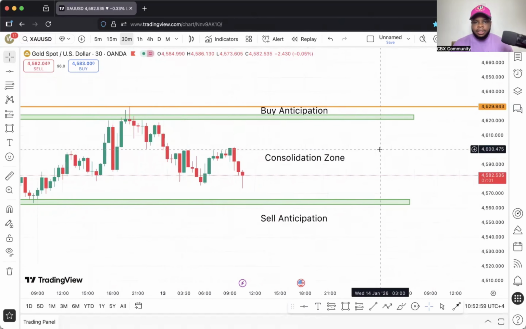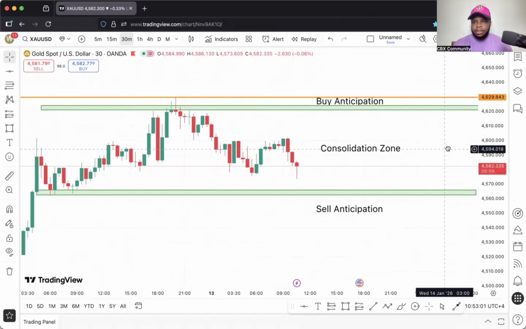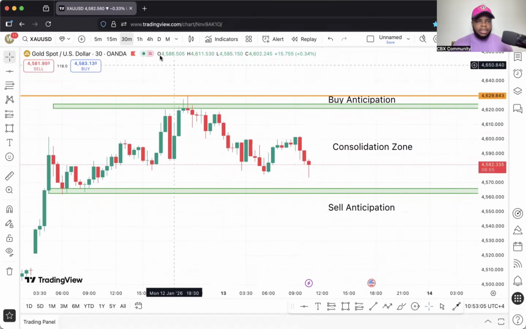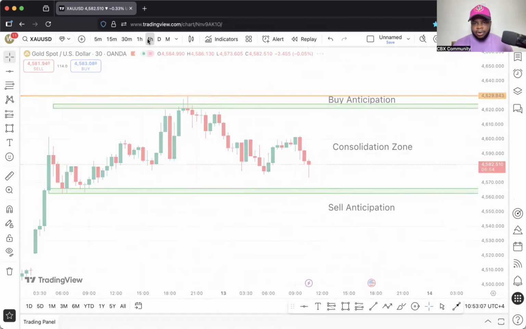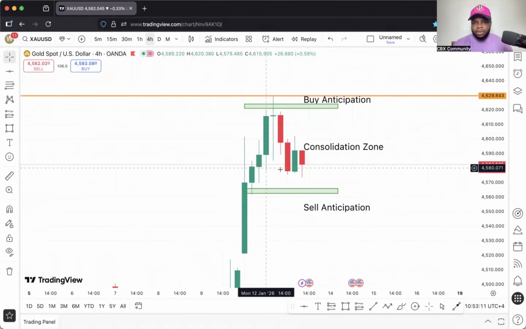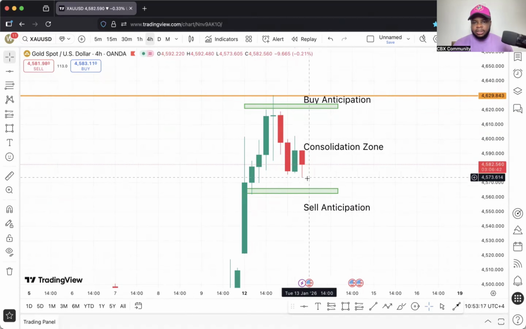Let's see. I was giving you guys an example, let's go to the H4. I was trying to let you guys know that we have a minor support over here. But this candle broke this support zone. And I told you guys that we need to wait for the close of this candle, that this candle can still break this minor support for it to continue to come down and then close with a rejection bearish candle.